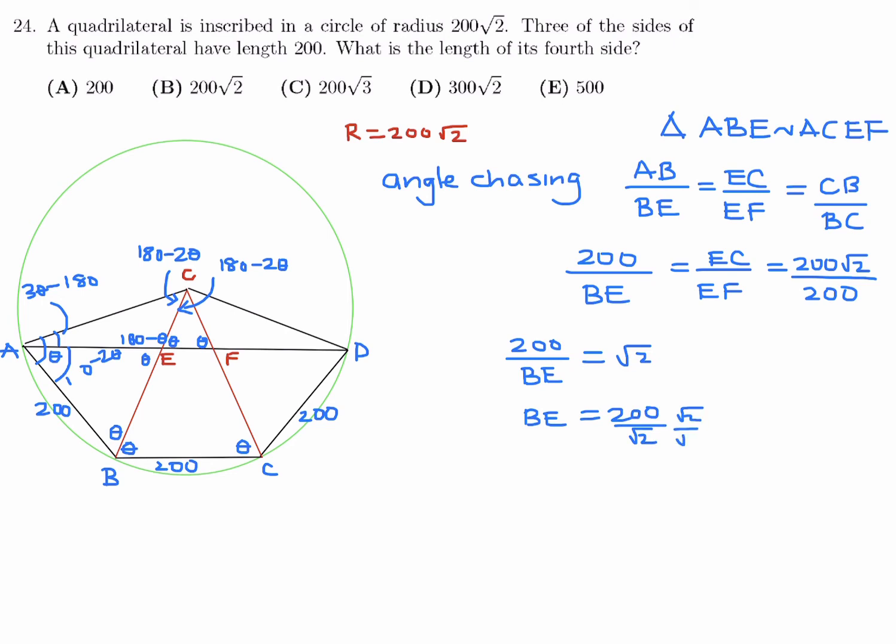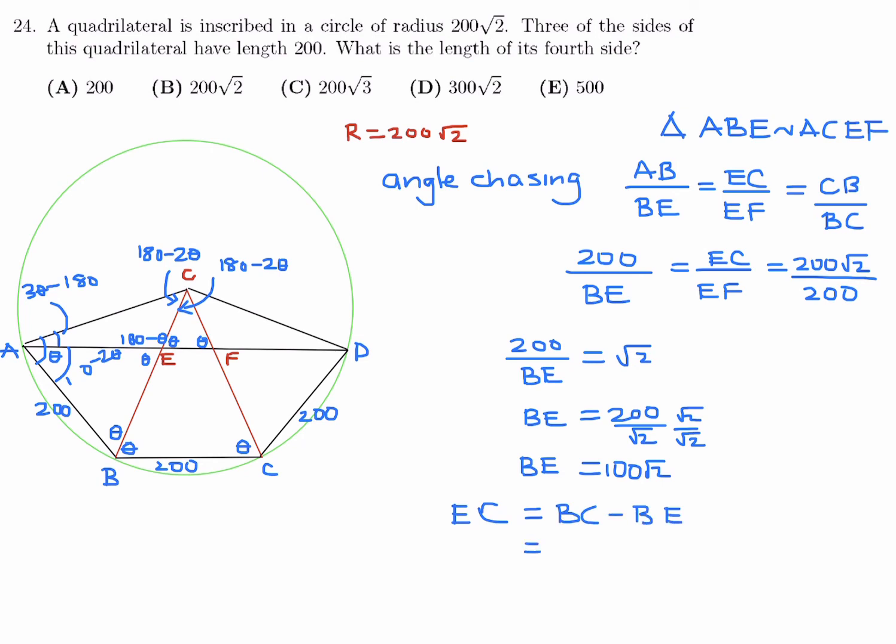And when you multiply top and bottom by root 2, you get 100 root 2 for BE. Okay. EC, I think I can figure out from this now. Here's EC right here, from here to here. And since we know BE, we can figure out EC. EC is basically BC minus BE.